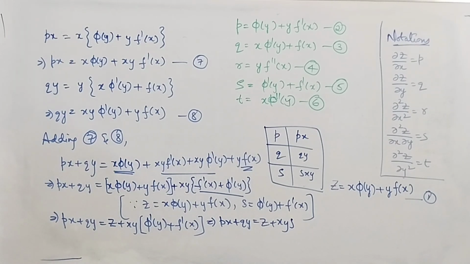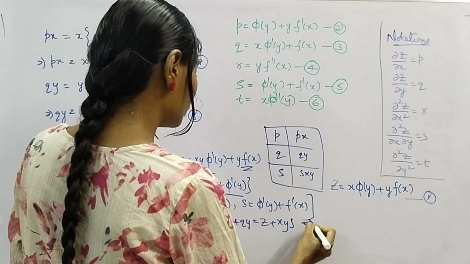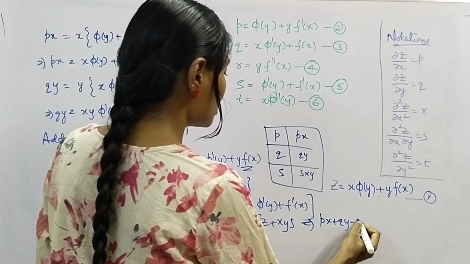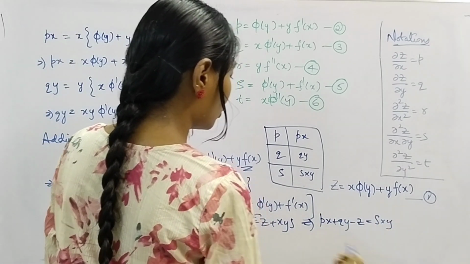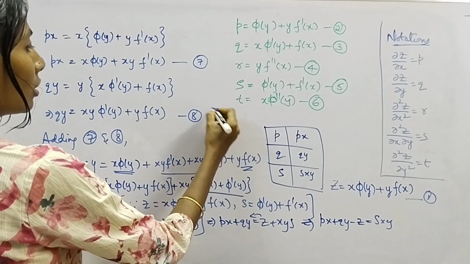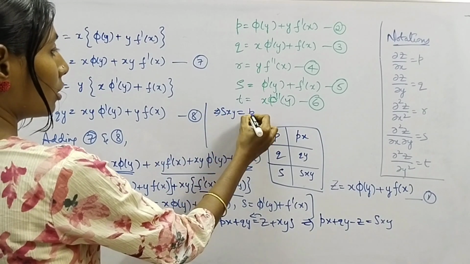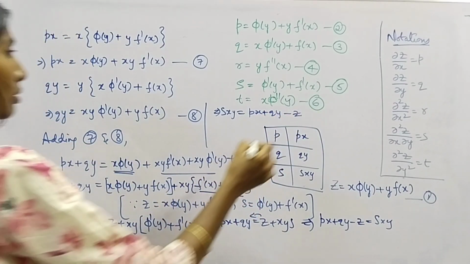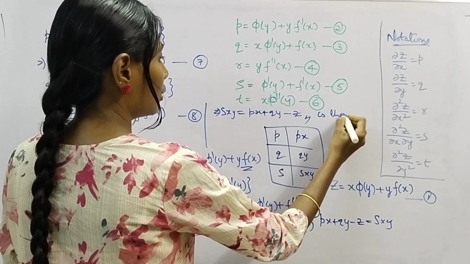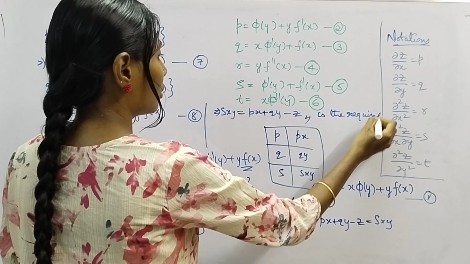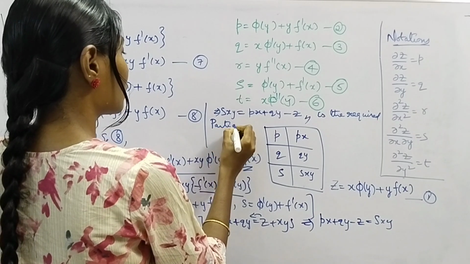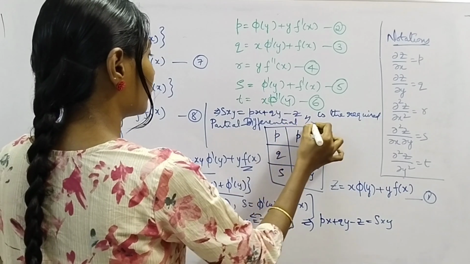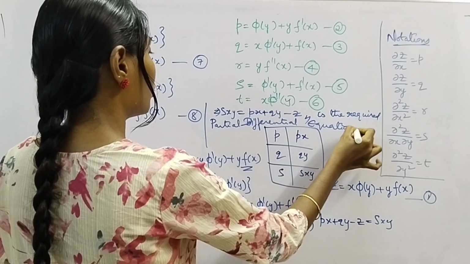Or you can just write this as, bring this z to LHS, px plus qy minus z equal to sxy, or you can write this as sxy equal to px plus qy minus z, which is the required partial differential equation. This completes the problem.